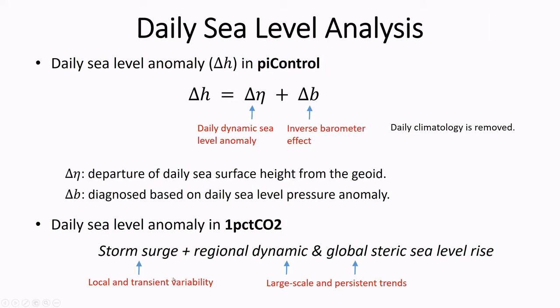You can think the total daily sea level anomaly in the CO2 experiment is the local and transient sea level variability superimposed on the large-scale and persistent sea level trend. This is the difference between the control run and the CO2 experiment.